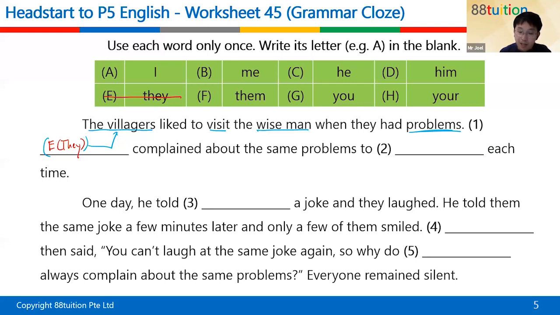Question 2. So they complain about the same problems to what each time? I have received all your answers here. Those of you who submitted online, you are all correct. I just don't have Luis's and Jing Yang's answers for question 2. Luis and Jing Yang, I would appreciate it if you send your answers through in the chat group as soon as possible, because question 2 is rather direct. We are talking about the wise men.